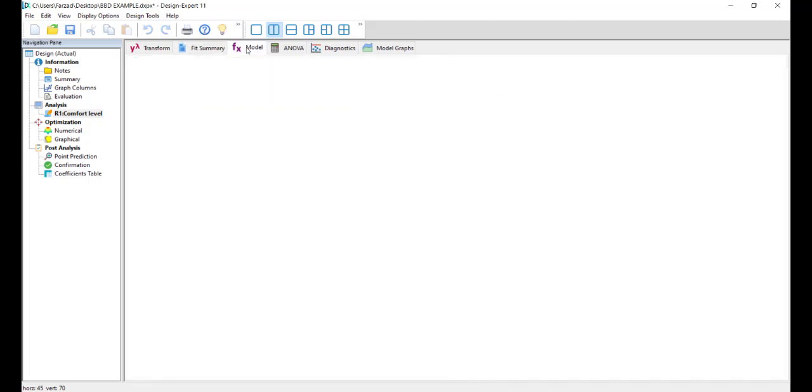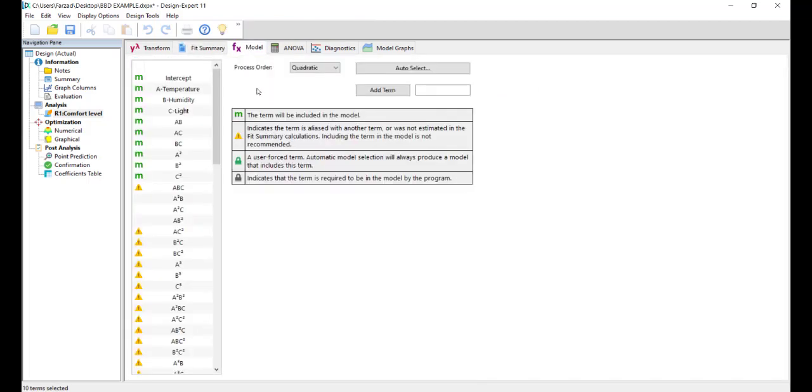Okay, so let's go to our model and see its terms. Here you can select, and these terms we have already discussed, such as what this M and this exclamation sign mean.